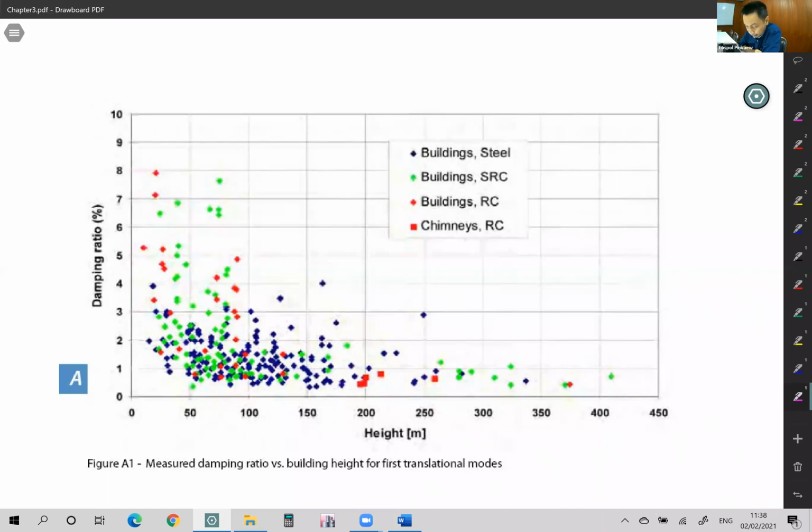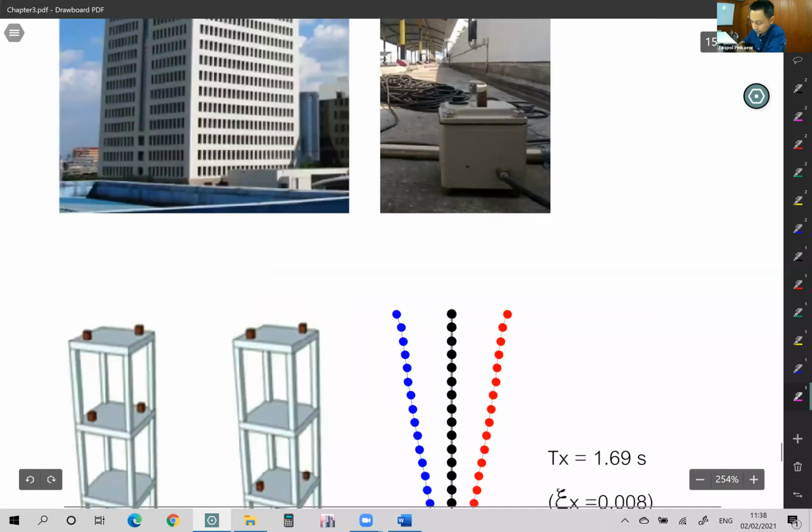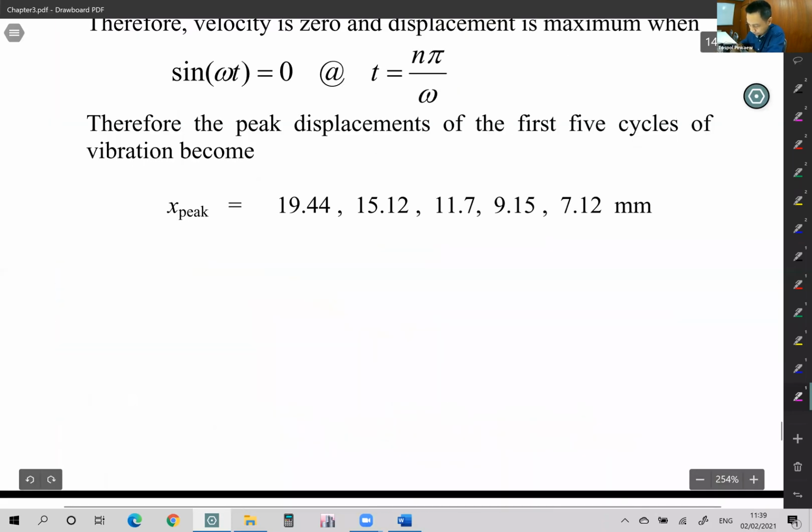What they found, as you see in these figures, is that most buildings have a damping ratio less than 10% for sure, and almost all of them are within 2-3%, 4%, or 5% at most. Only very special buildings or structures have a damping ratio greater than 5%. I will discuss this later.